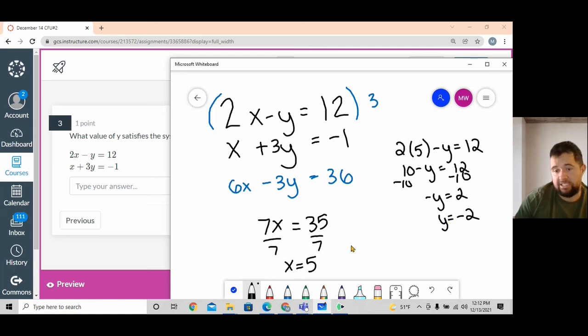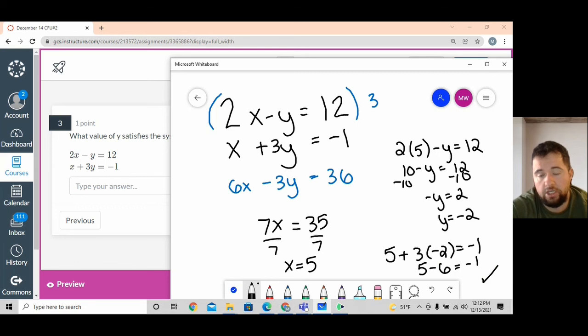And I'm going to check these two answers with my second equation. So, is 5 plus 3 times negative 2 equal to negative 1? Is 5 minus 6 equal to negative 1? Yes, it is. So I know that my answer is correct.